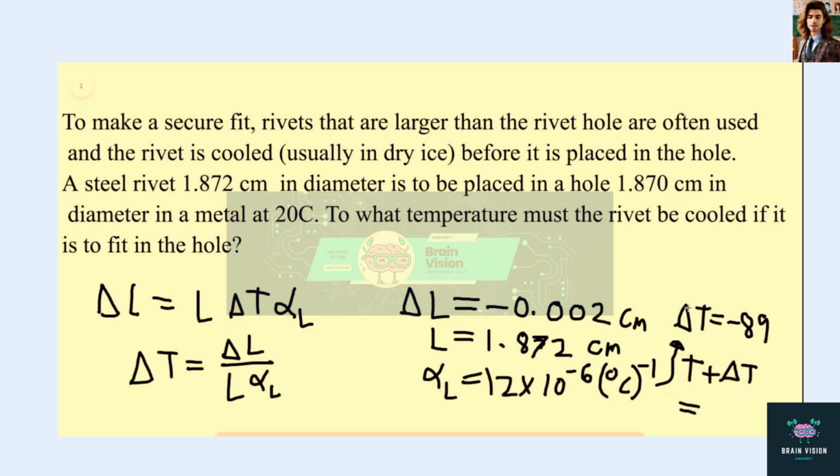So 20 plus minus 89 gives us minus 69, not 66, my bad. That gives us minus 69 degrees Celsius, and that is our final answer.